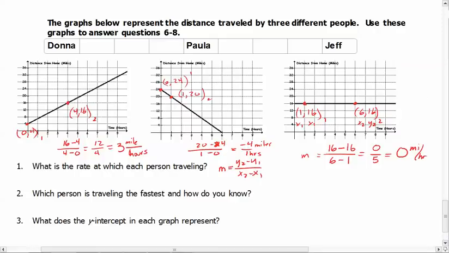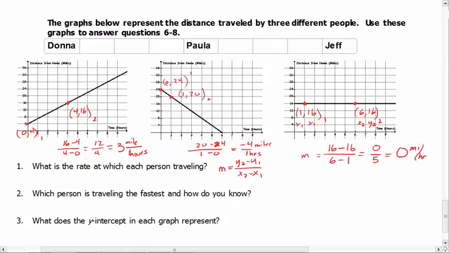All right, so we've found the rate, which is 3 miles an hour, negative 4 miles an hour, and 0 miles an hour. Again, the negative is describing the negative slope, which is that the distance is decreasing. It's not that the rate is decreasing, it's that the distance is decreasing. Which person is traveling the fastest?